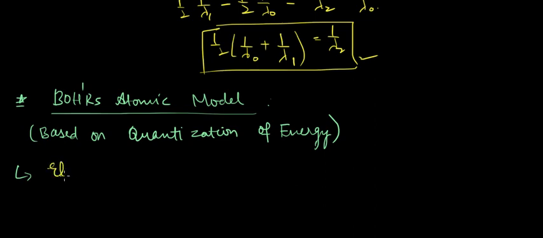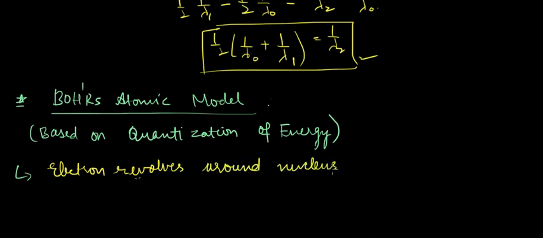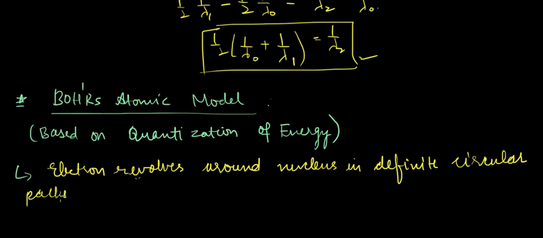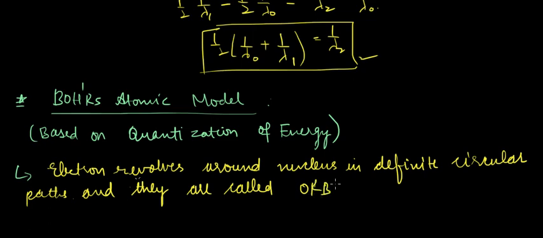So the first point we can write is that the electron revolves around the nucleus in definite circular paths, and these paths are called orbits.